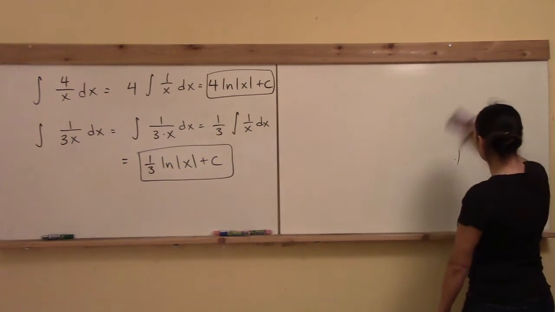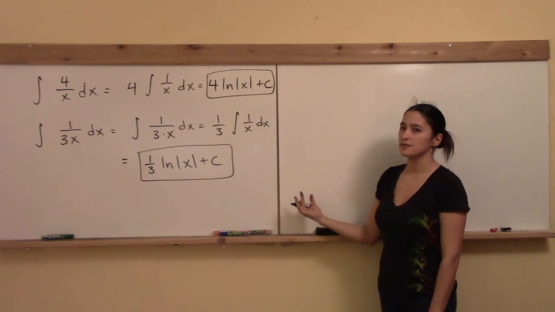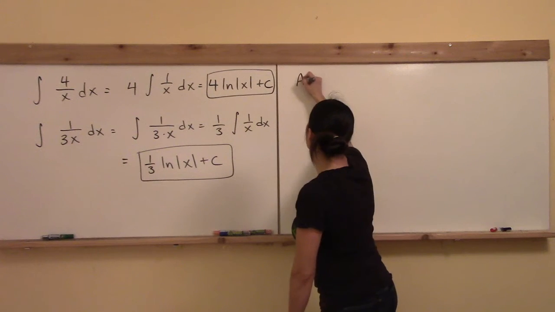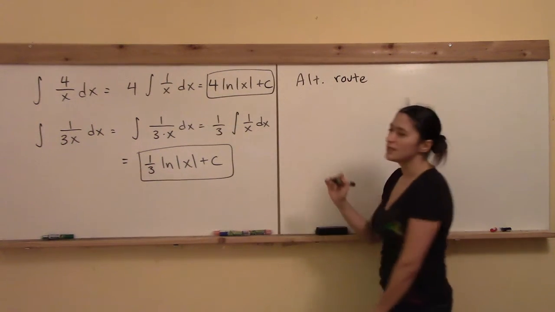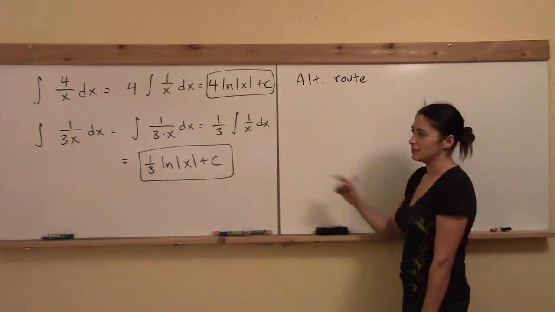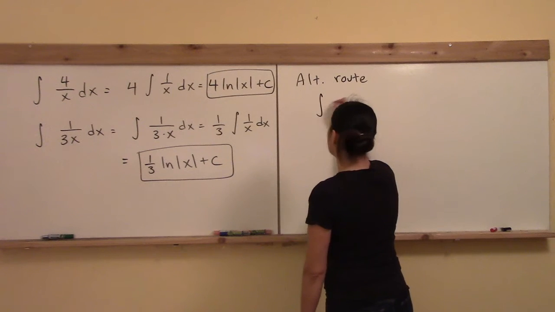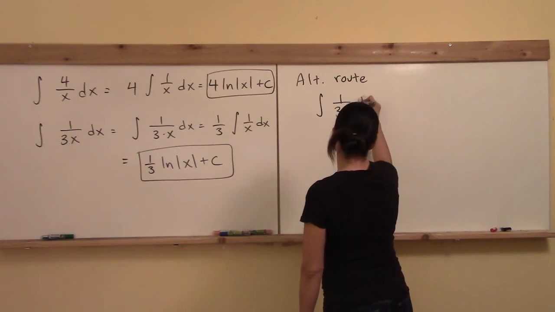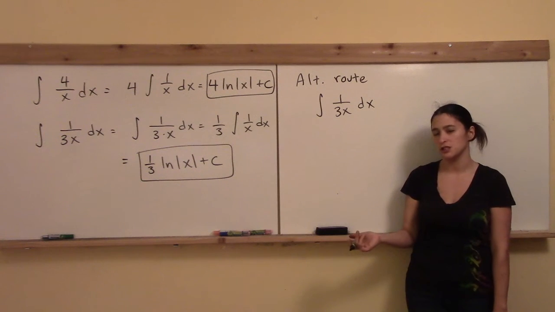Actually, I have taught this class before and seen people go a different way on this very same problem, so I'm going to show you an alternative route, which is not necessarily wrong, but it's a long cut. This is the shortcut way right here on this integral, but an alternative route to go on 1 over 3x dx would be considering a u substitution situation.